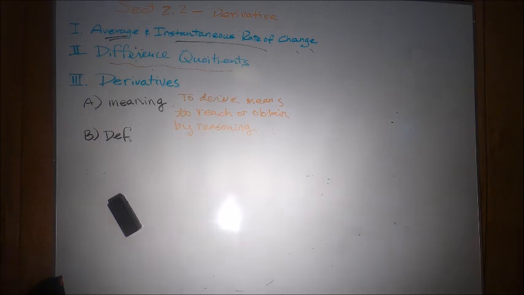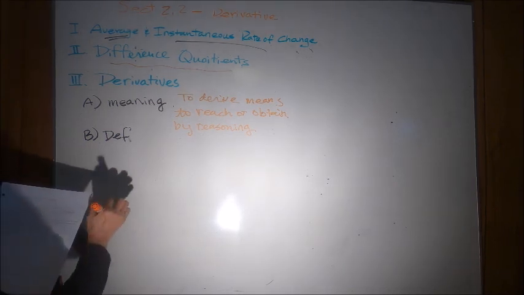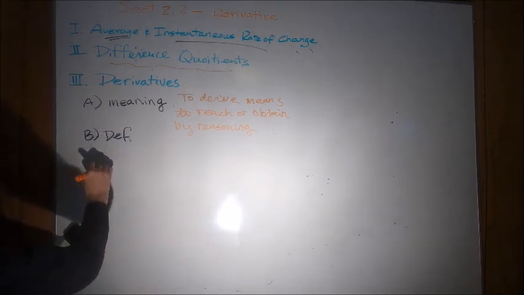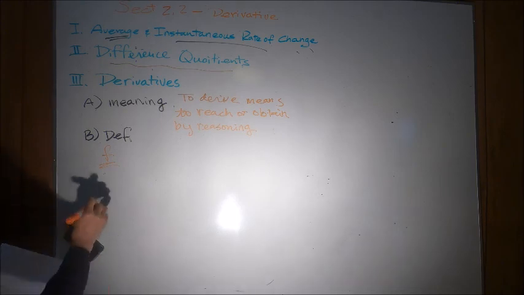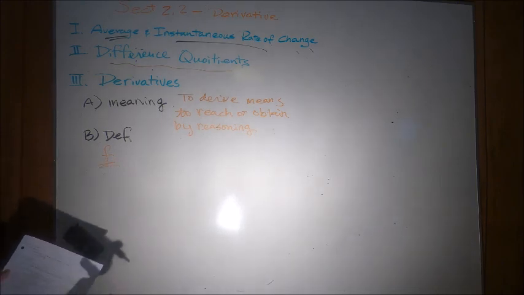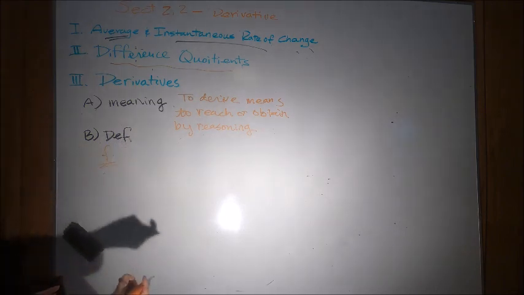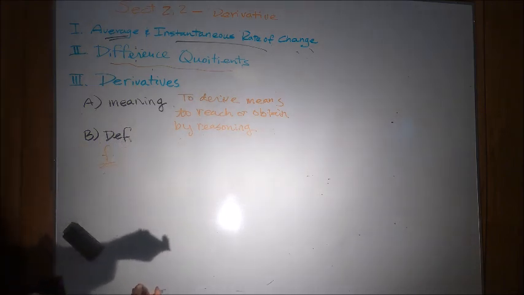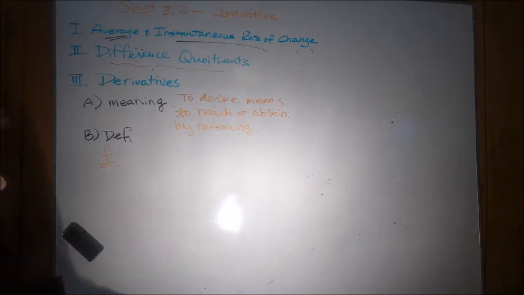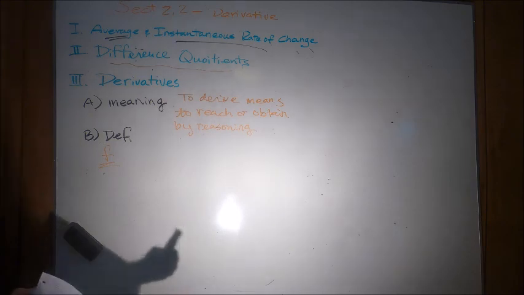We give you a definition. What kind of thing do we call a derivative? For a function f, the derivative of f at x is what we try to derive with reasoning.